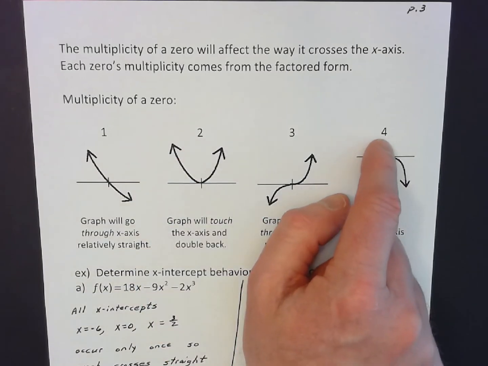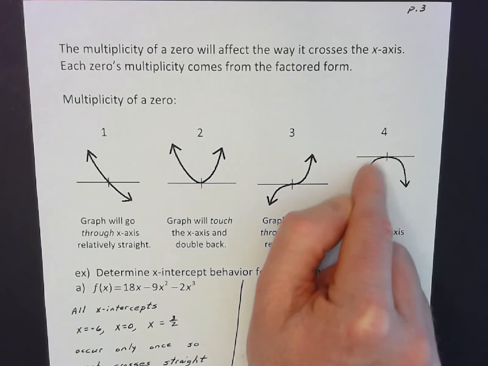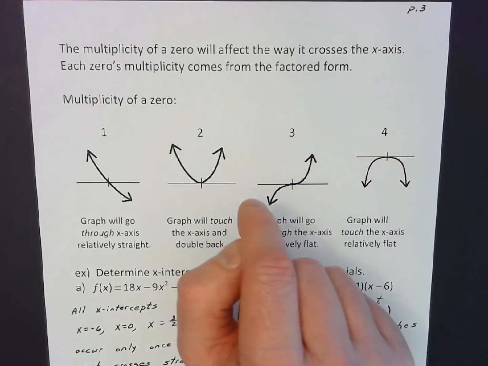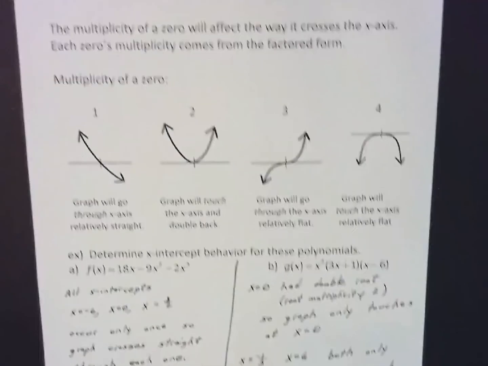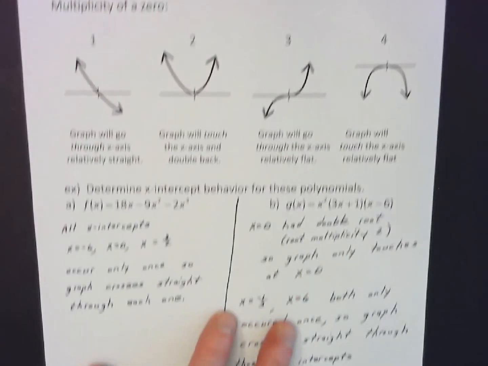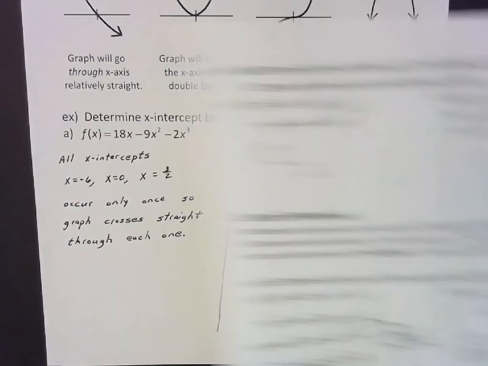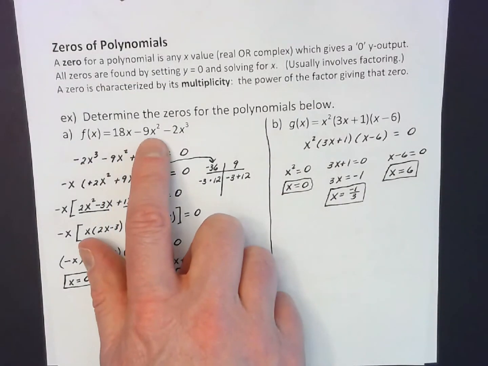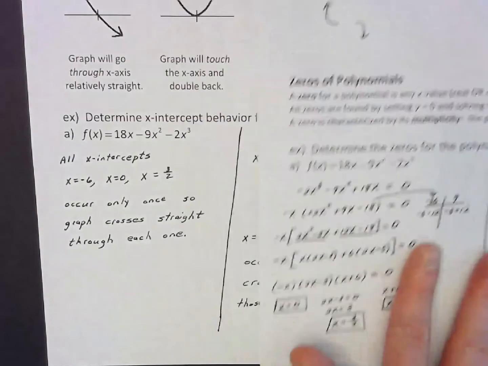Generally, the higher the even power, the more it's going to flatten out and then go up quickly, or in this case, go down quickly away from the curve. Now, when I'm looking back, this is referring to the same problems that we had on the other page over here, where we had 18x squared minus 9x squared minus 2x cubed.